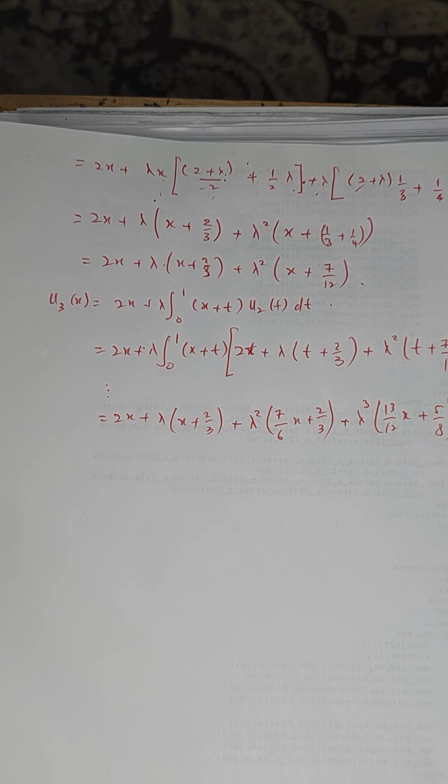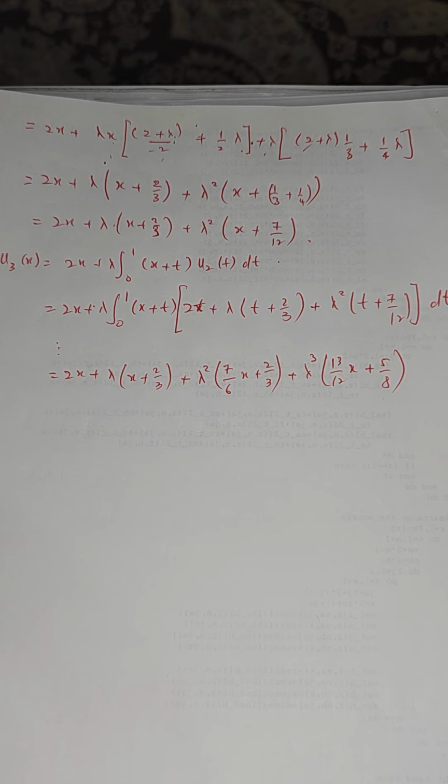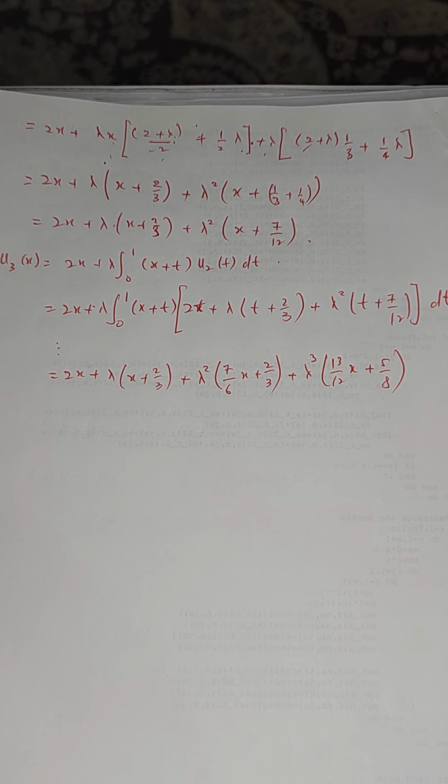Of course, you can find u4, you can find u5, and so on, but for the successive approximation, up to order 3 is enough. Okay, so with those two examples, we showed how to use successive approximation, using the iterated kernel and the resolvent kernel.